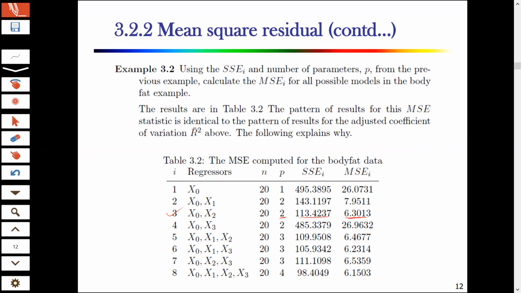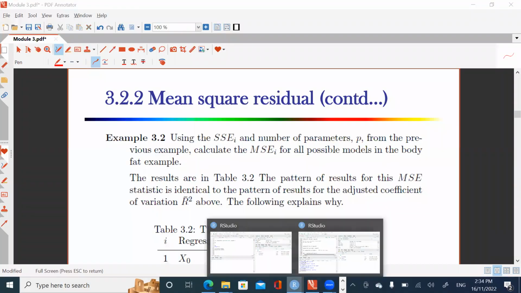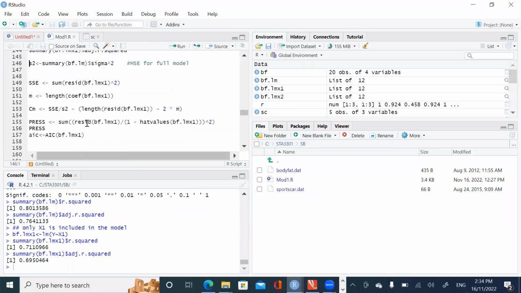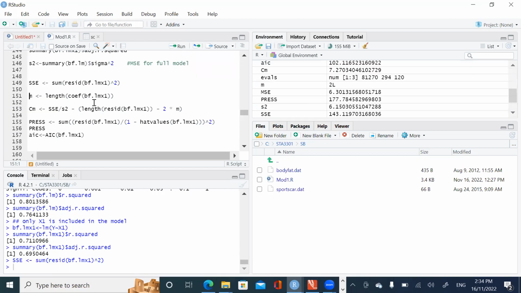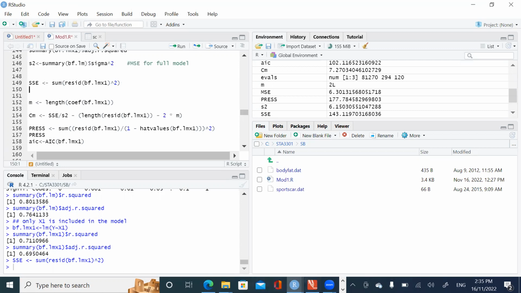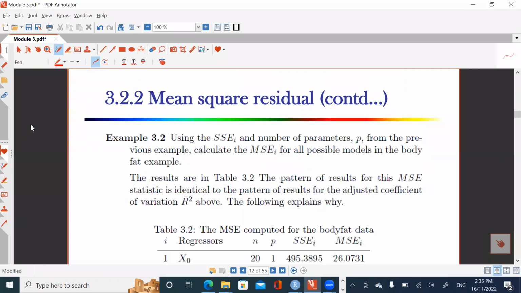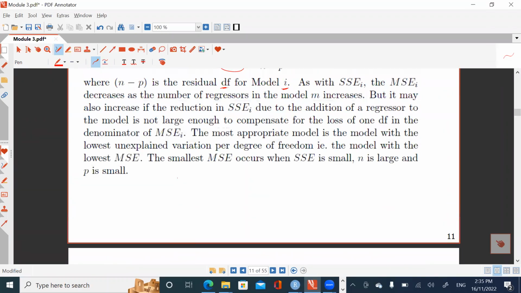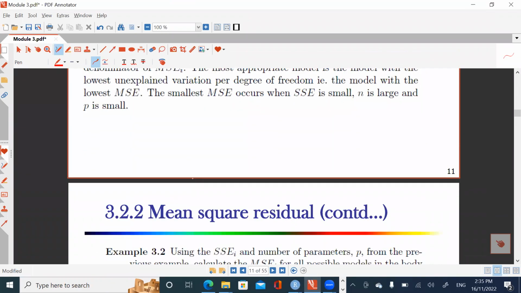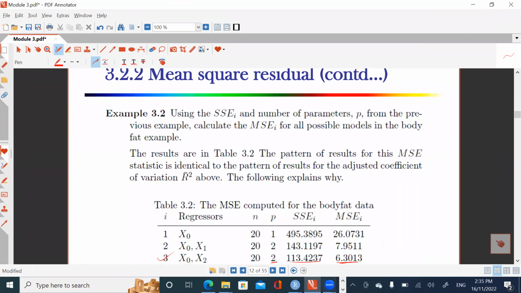Let's say I go back to my R. Look at here, SSE is the sum of squares of residuals. If you divide SSE by n minus p, according to the definition, you will get the MSE.